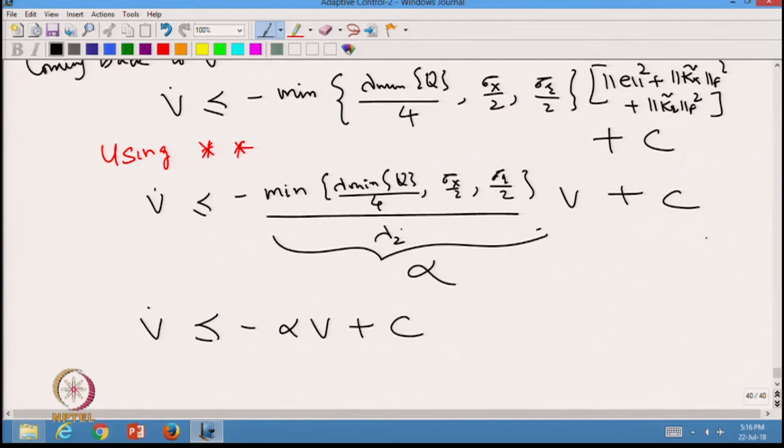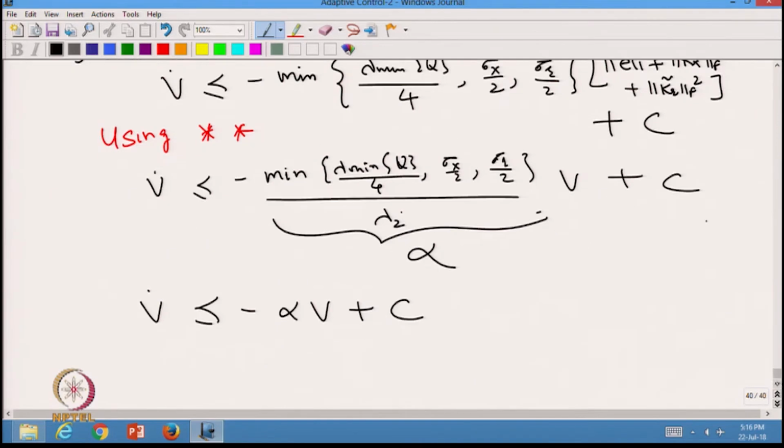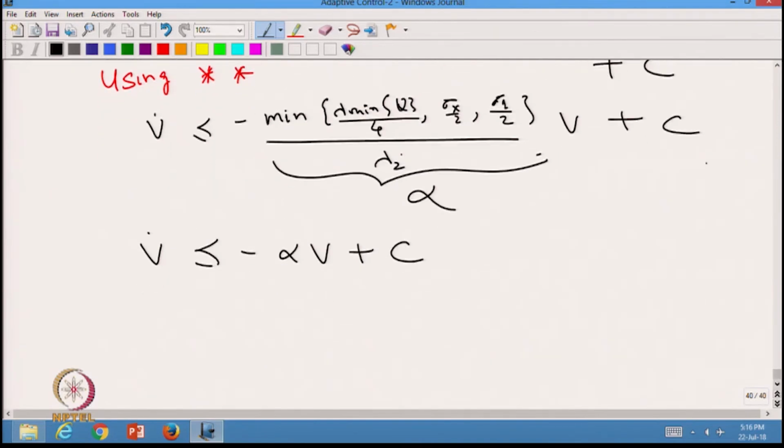So, what this means is that alpha is a constant and c is also a constant, and this is in fact a linear differential inequality which you can solve. If c were not there, then this is simply v exponentially decaying to 0 from its initial condition v of 0.